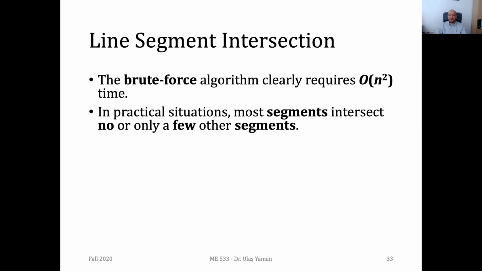We will look for some other algorithms which are output sensitive, which are sensitive to the number of intersections. Now we will go into the details of this plane sweep algorithm and try to find a better algorithm with less time complexity.